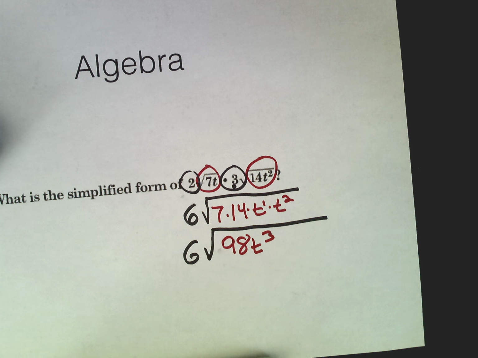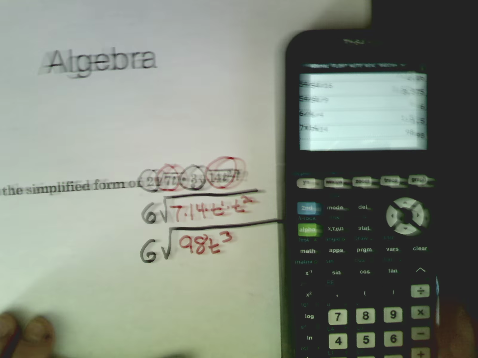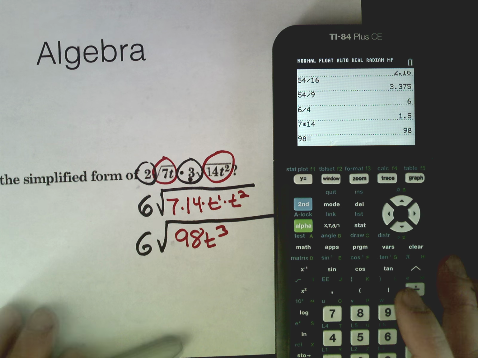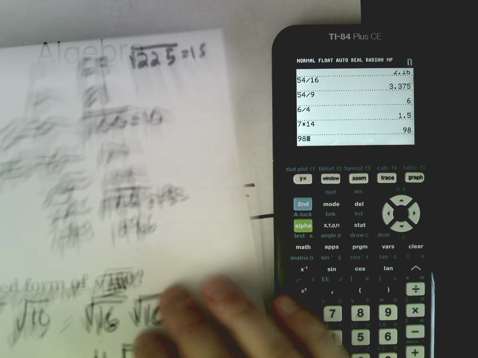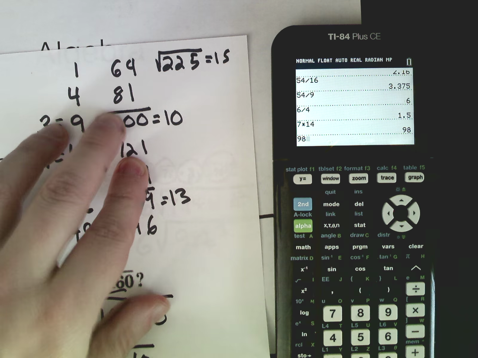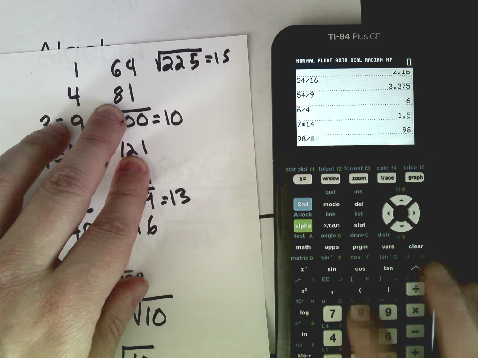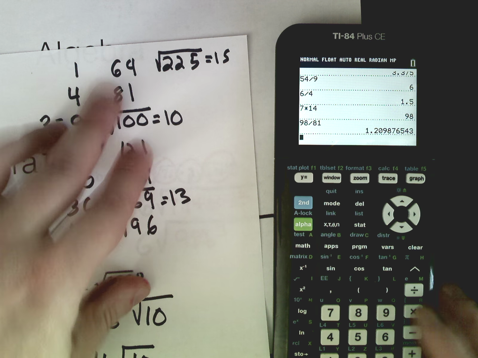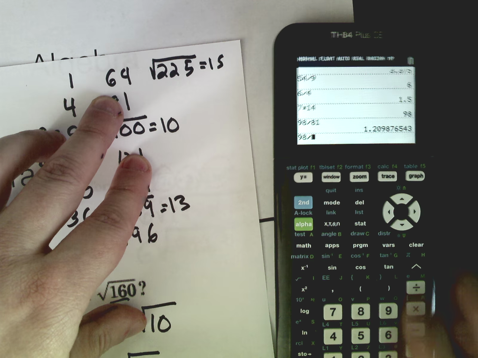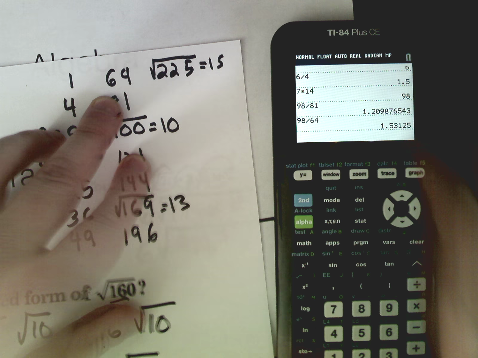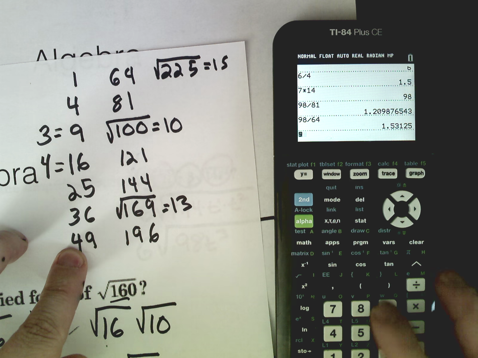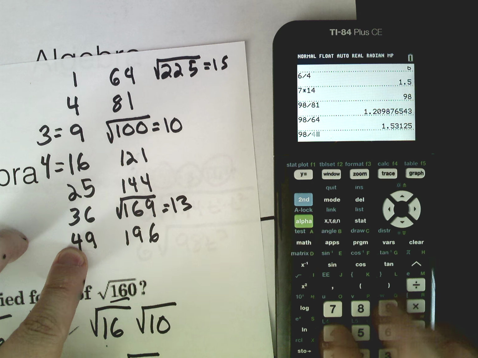Now, I'm going to go through this. I'm going to do my method one more time. I'm going to say 98. Well, I'm going to use my perfect squares. The first number that's lower than 98 is 81. 98 divided by 81? Nope. 98 divided by 64 is a decimal. Keep moving on. 98 divided by 49.